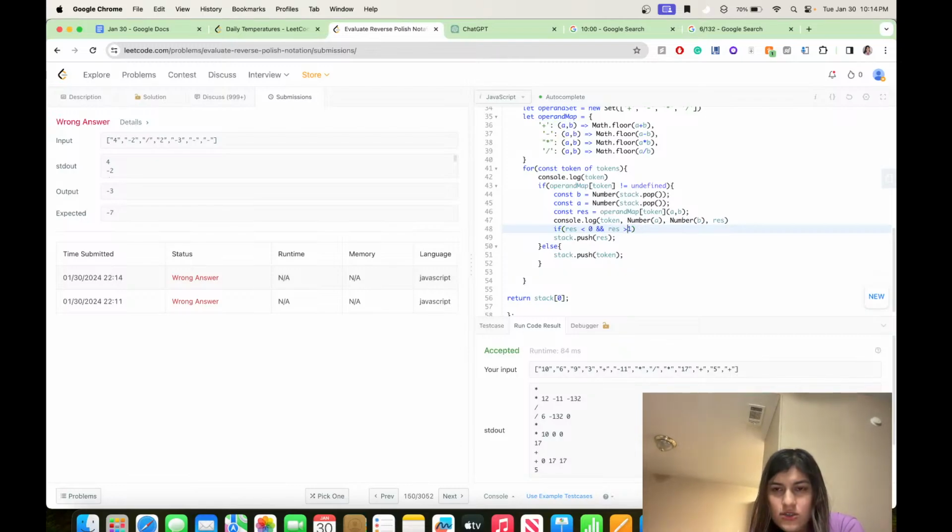If result is less than 0 and greater than -1, then result should be 0, right?